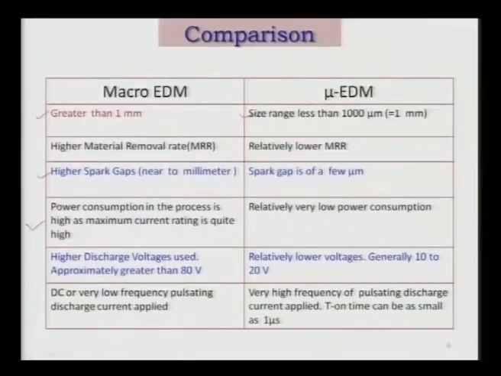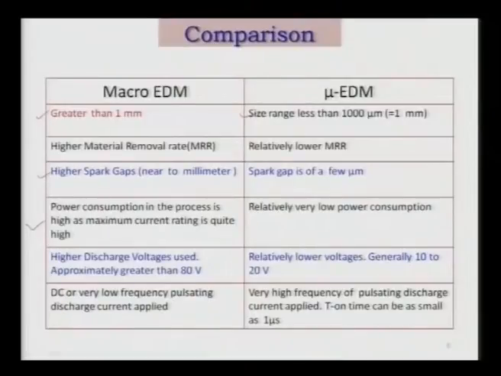So, one thing should be very clear, that the size of the spark in micro EDM is going to be much smaller than the size of the spark in macro EDM, or in other words we can say that the crater size that you are going to obtain in micro EDM is much smaller than macro EDM, because energy per spark is much smaller in micro EDM as compared to macro EDM, and that simply means that you can get much better accuracy in micro EDM as compared to macro EDM.